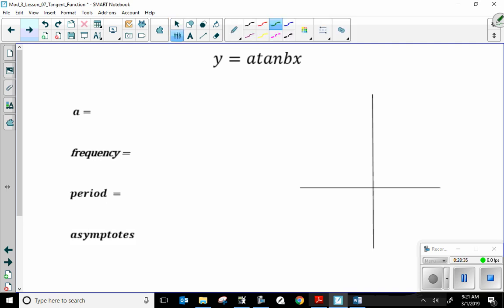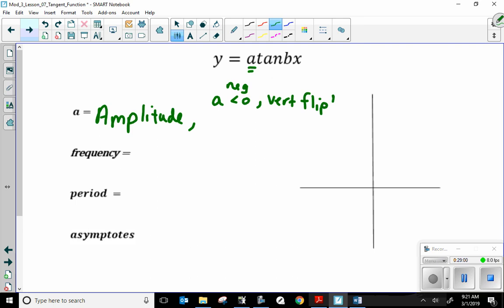Just like sine and cosine, my A is amplitude. That is not as relevant or important. What's more important is if A is negative, or in our case, less than 0, remember, that's a vertical flip. That's the big thing about amplitude when it comes to any graph, especially tangent.